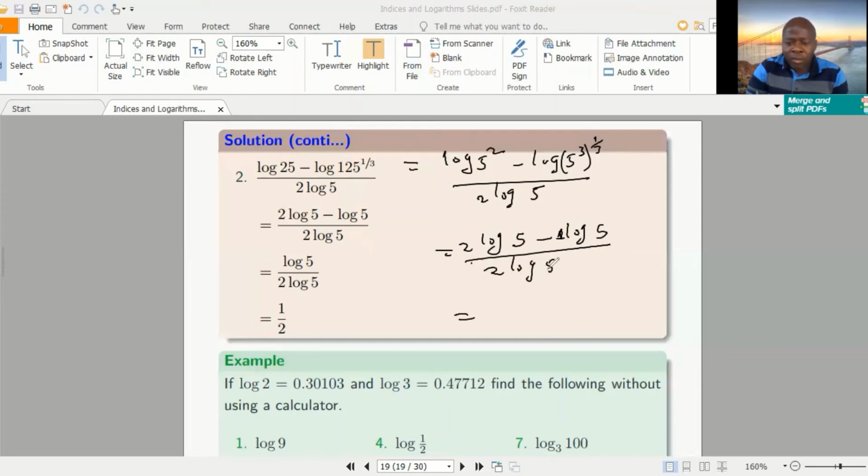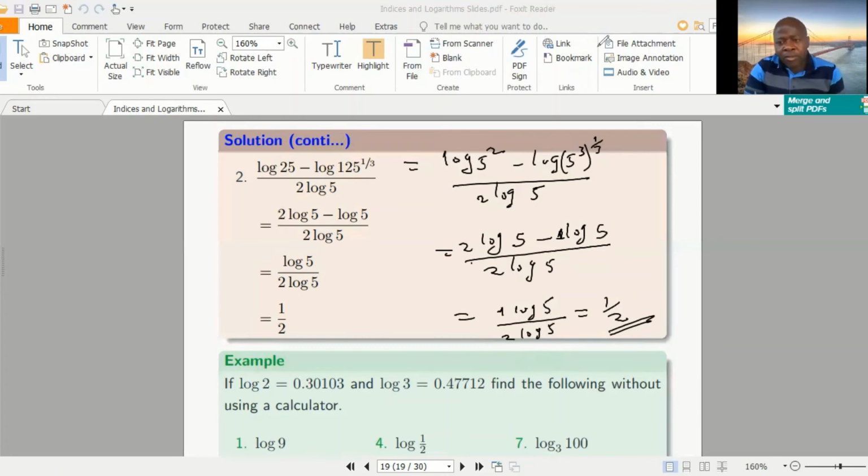And then you can now subtract 1 from 2 to get 1 log of 5. And this is 2 log of 5. Since you have log of 5 on top and bottom, they can cancel out and you are left with a half as the answer.